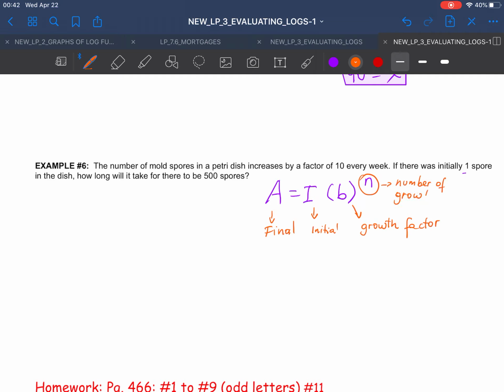It can be the number of growth or decay periods. Did I write that correctly? Okay.